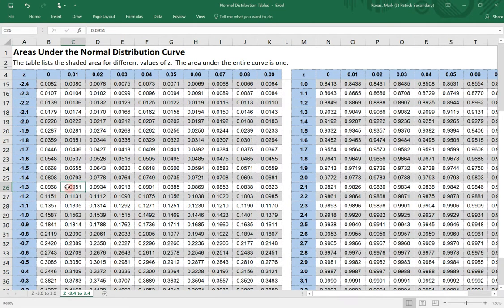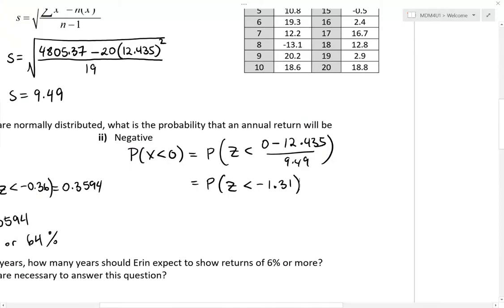So the probability is 0.0951. There we go. So approximately 10%. So a 10% chance of a negative return.